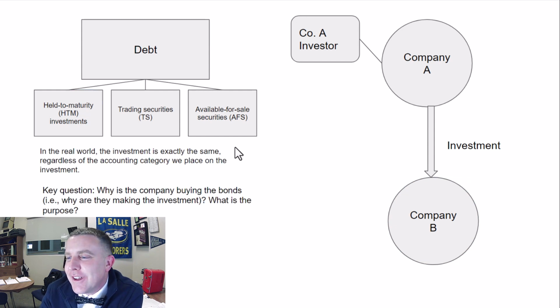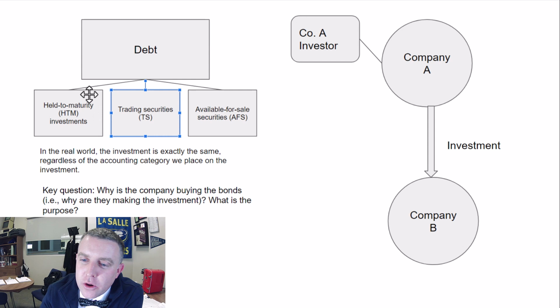Chances are you're going to want to know something different if that is the intention versus what you would want to know if the company is planning on selling in the short term, if they're trying to capitalize on changes in the market price.